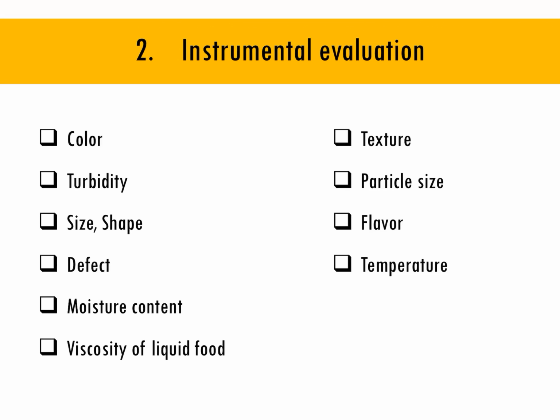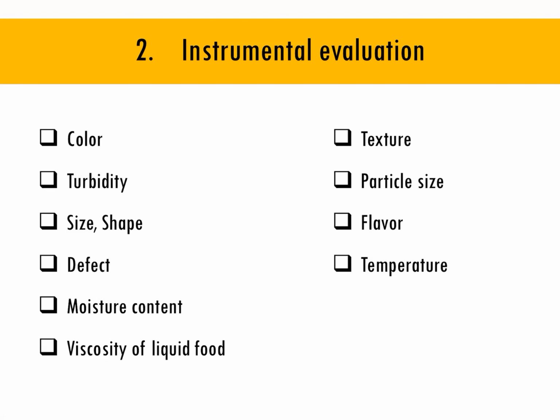For example, in a COVID situation like this, we cannot ask the panelists to join the sensory evaluation session, right? We have to have another way to measure the quality, an instrument that is quite reliable and is just a one-time investment. So it's quite an important evaluation.